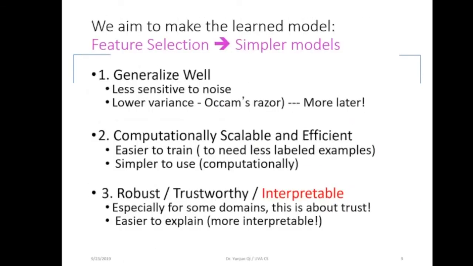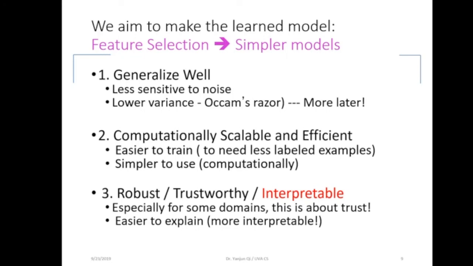We already emphasized this many times. We want to generalize well. We want to do prediction, classification, or regression better, because when you select fewer features and only the good features, the model is less sensitive to noise. Using the language of learning theory, the model has lower variance.